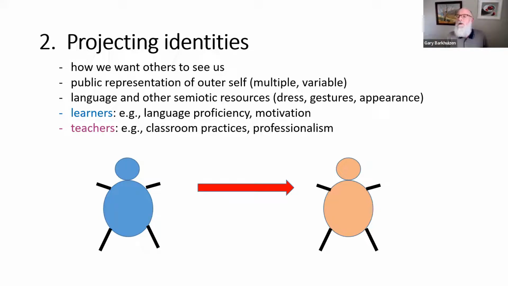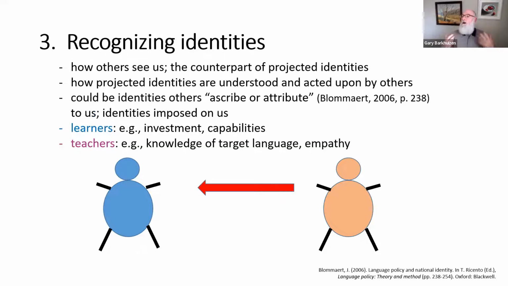These are observed, of course, and when I say observed, this is the recognizing identity, so how others see us. So we see ourselves reflecting identities, then we project our identities, and then those are recognized by others. So how others see us is the counterpart of the projected identities. So these are how those projected identities are understood and acted upon by others.